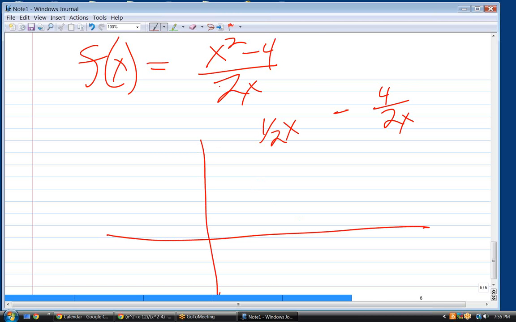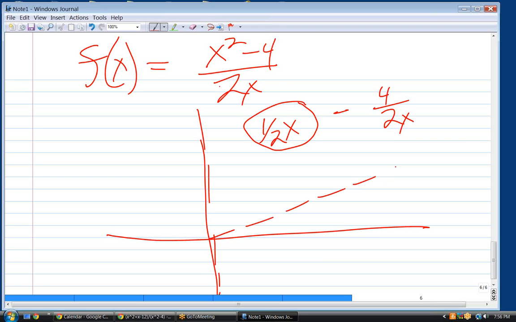There is a vertical asymptote at x equals 0. We obviously can't divide by 0. There's no horizontal asymptote, but there's an oblique asymptote. Whatever you get as the quotient when you do that division, that's the equation of your oblique asymptote.